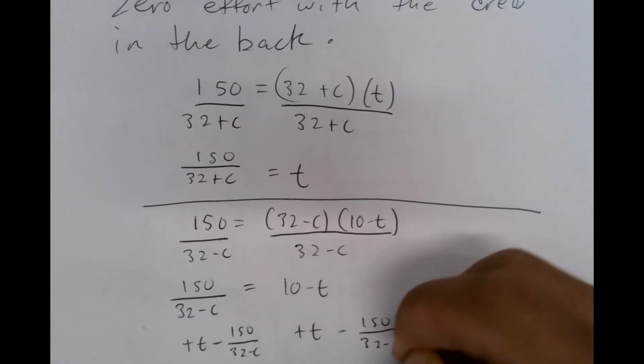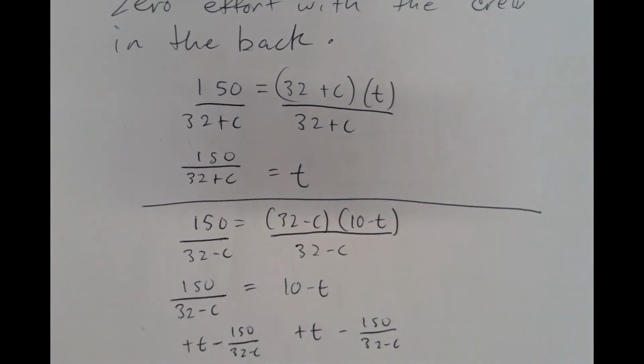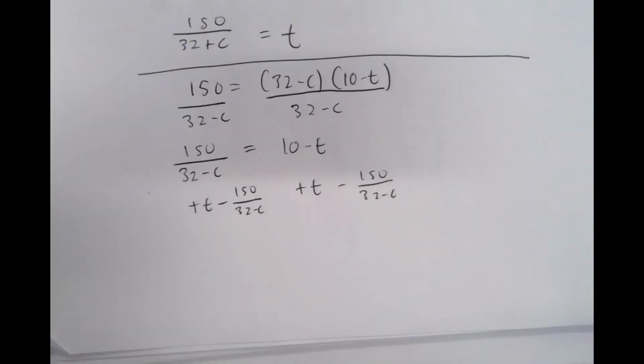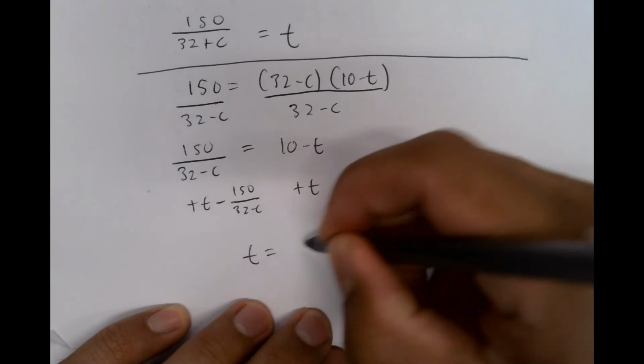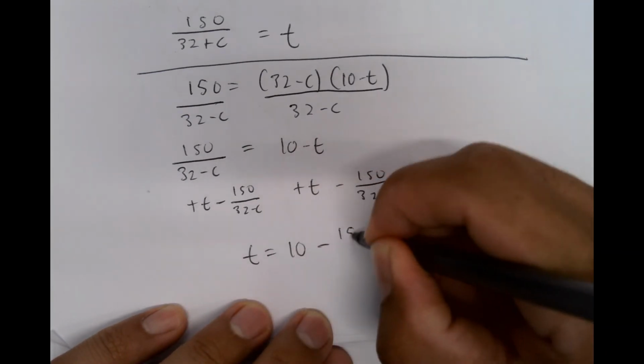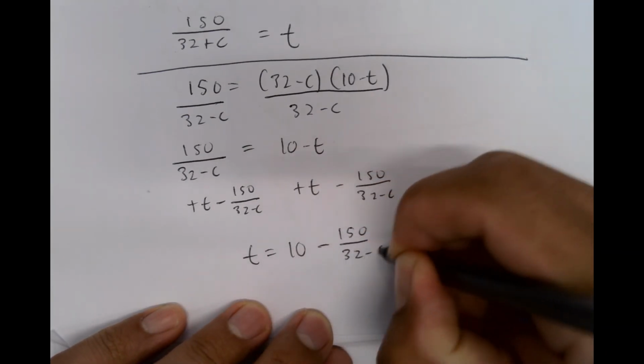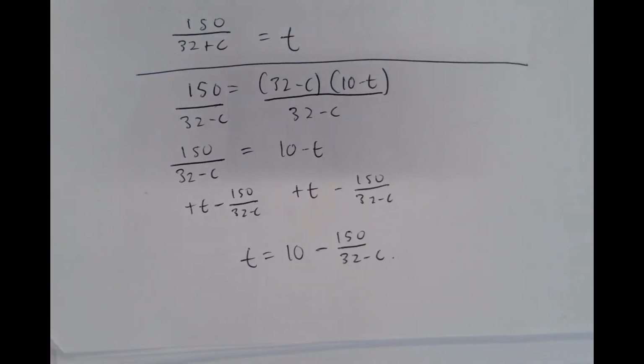The reason is I just want to get t by itself, and so here I get t is equal to 10 minus 150 over 32 minus c.